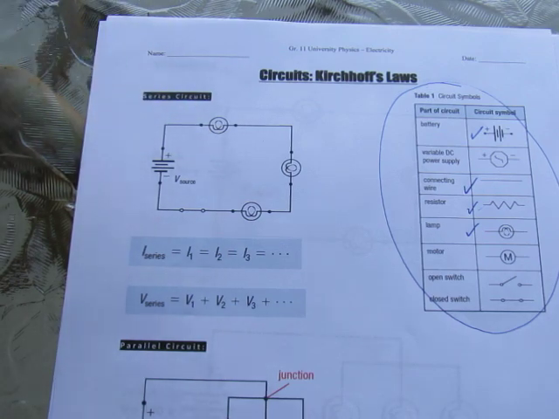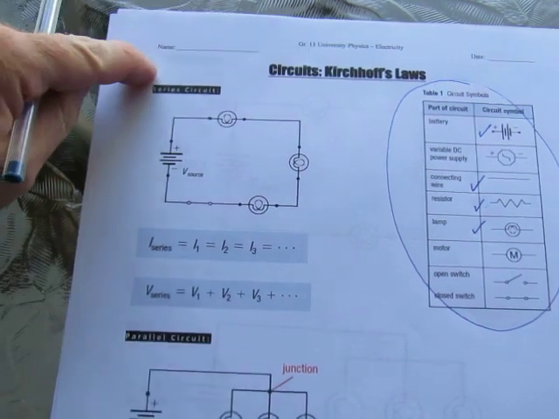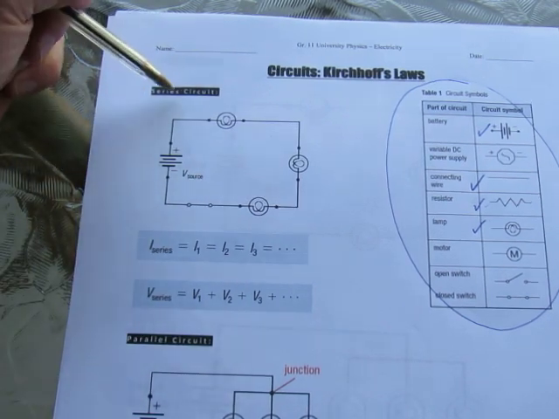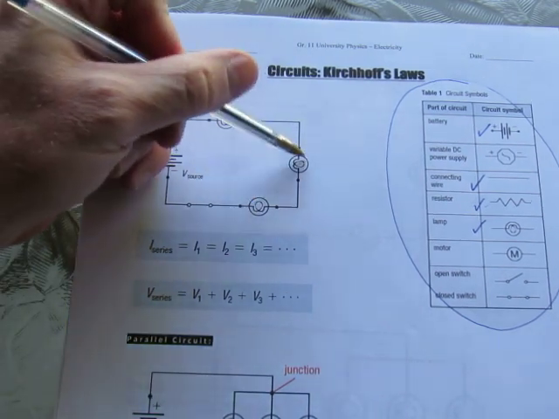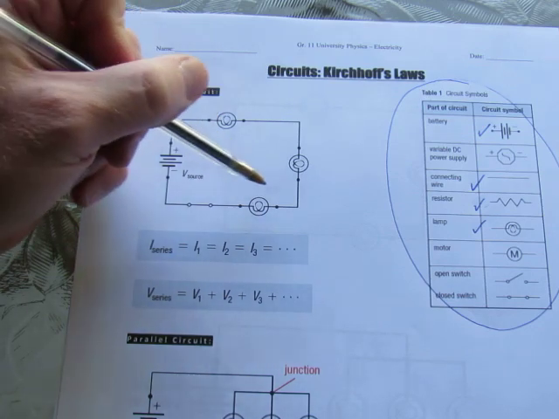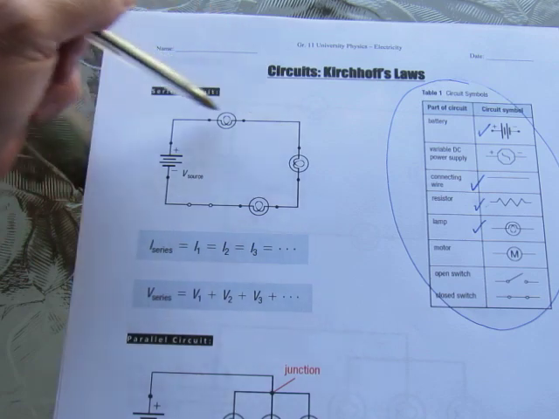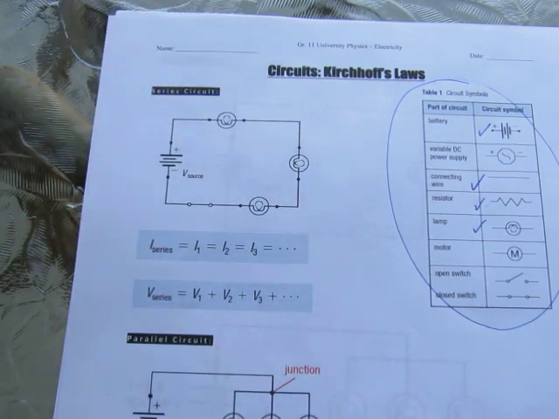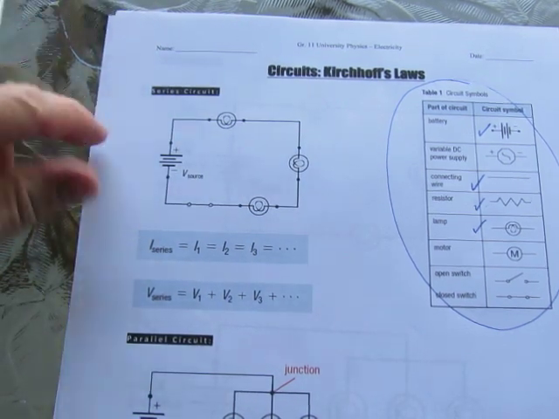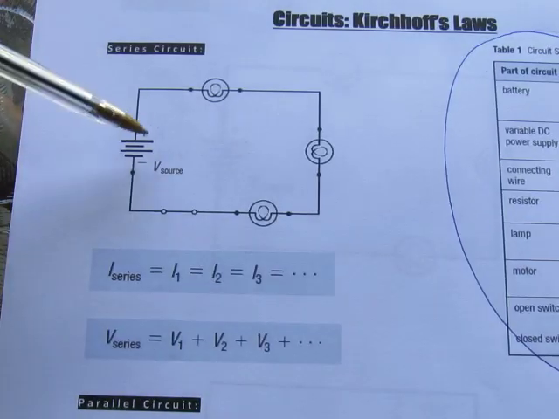Remember from grade 9 you learned two types of circuits, series and parallel. In a series circuit, all of the loads, and in grade 9 they're most often drawn as lamps, all of the loads are along the same wire in a row in a series. There's only one path going around that circuit.